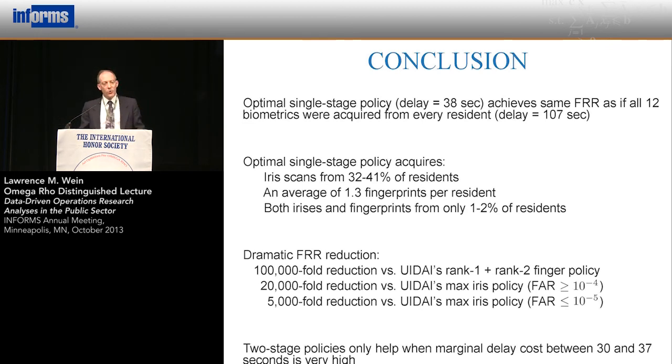And compared to what the government of India is doing now, we get a 100,000-fold reduction in the false rejection rate, which is when someone shows up who really is who they claim to be, and you tell them, no, you're not who you say you are. And the way we do this is for about a third of the people taking their irises, for about 2/3 of the people you take just fingerprints, usually one finger or a couple, and then for 1 or 2% of the people you take both of them.